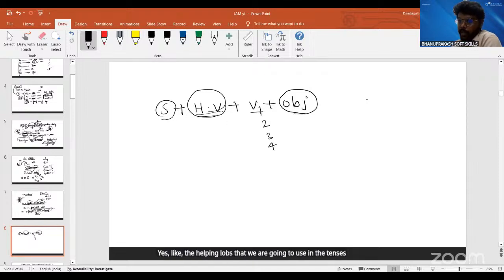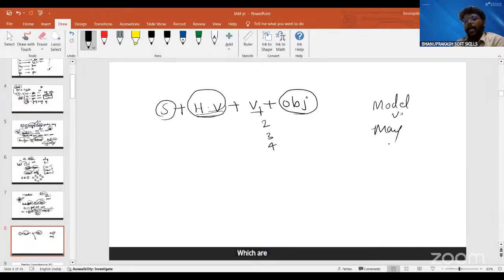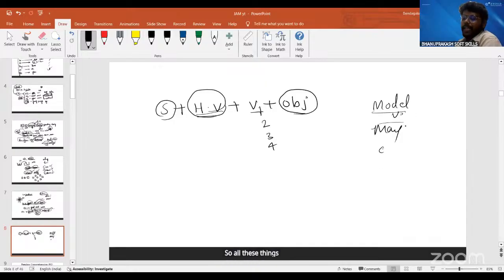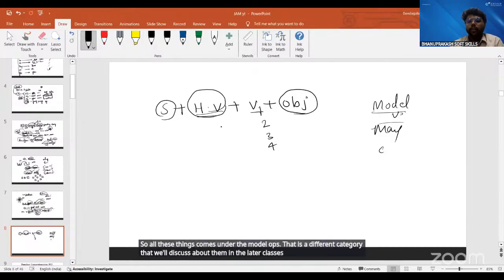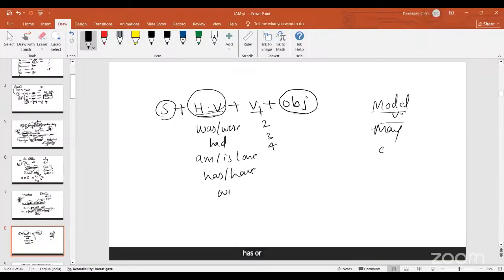As he said, there are many helping verbs, and we call them modal verbs too, which are may, might, can, could, will, shall, should. All these come under modal verbs. That is a different category that we'll discuss in later classes. But as of now, in the tenses, we particularly use was, were, had, am, is, has, have, be, and will be.